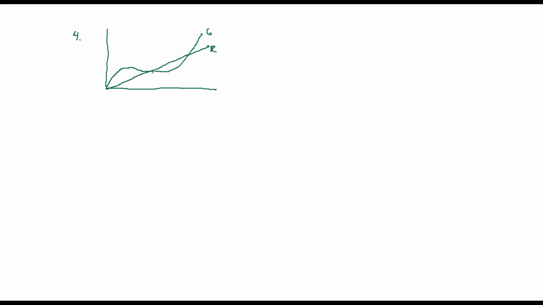The thing is in the book at Q1, the marginal cost is equal to 0 because this slope is 0. I'm going to draw this a little bit better.